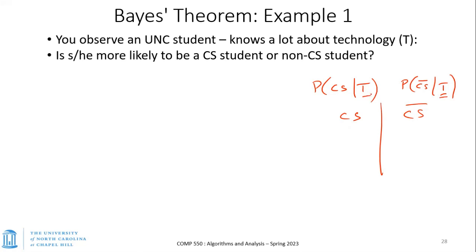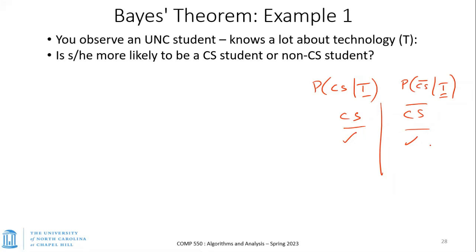We're given that they know a lot about technology, and we're just trying to figure out what the odds are. So what does your intuition say? Is that person likely a CS student, or is this more likely?